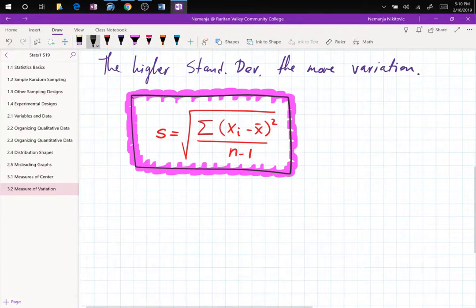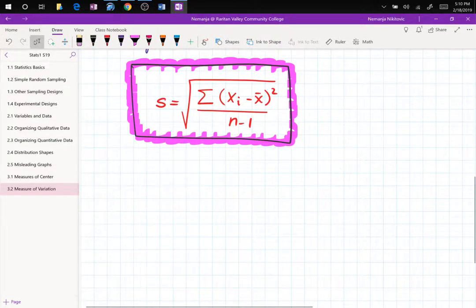And we can calculate standard deviation for the basketball team we had earlier. Let's calculate for the one that had more variation, that had a range of 17. So we'll compute that data set. The way to deal with this is to create a chart.